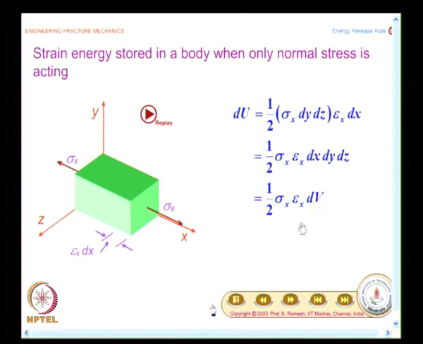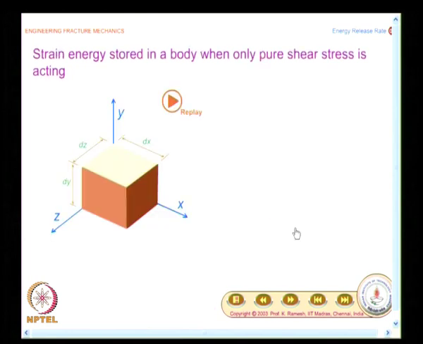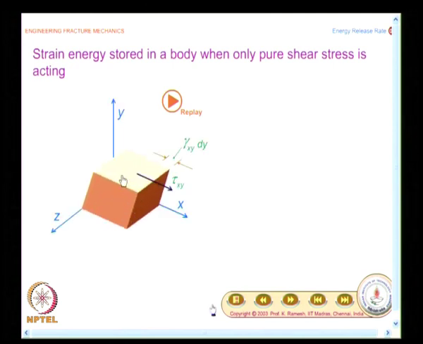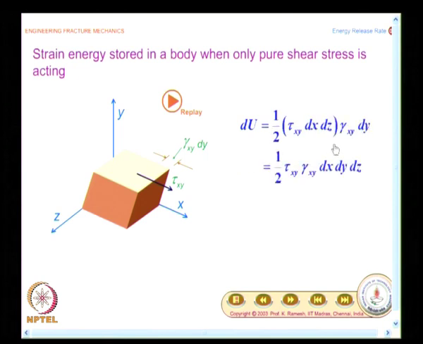And we would develop a similar expression when you have shear stress acting on it. You have an infinitesimal element with dx dy dz, and this is subjected to shear stress. Here again you can find out what is the force which is acting and what is the corresponding displacement. The force is tau xy dx dz, and the displacement is gamma xy dy.